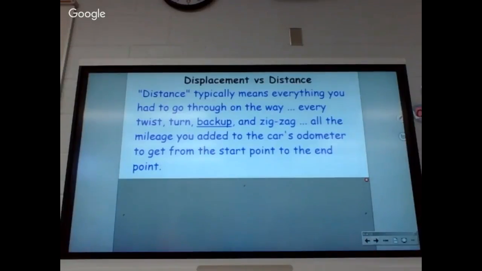It's everything. Displacement does not work this way. It's very different. So when we're doing distance, all you're going to have to do is add.